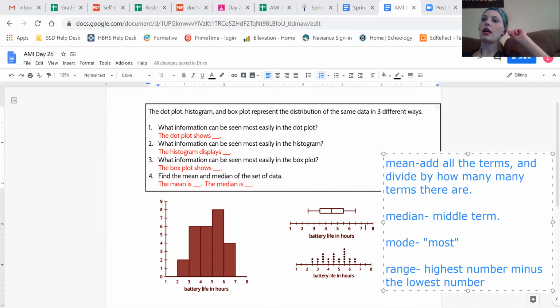Which of these can give you the mean, which one gives you the median, which one gives you the mode, which one gives you the range, okay? So remember we talked about this one. I will tell you that the only one that's going to be able to tell you your mean is this one. And you're going to have to add every single one up, 2.5, 2.5, 3, 3, and divide by how many pieces of data there are.